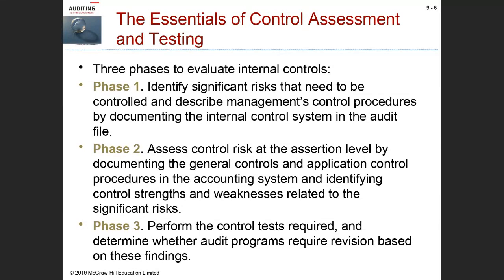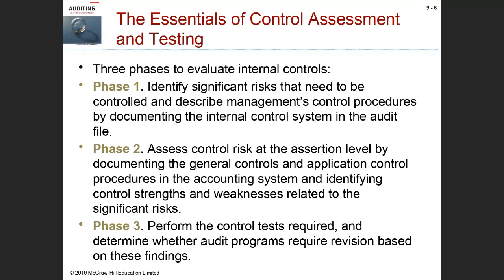Phase 2 says assess the control risk at the assertion level. So that's what I mentioned a minute ago: we identify the internal controls that relate to the control risk at the assertion level, being overstatement of assets, for example, existence of assets, valuation of assets, completeness of liabilities.